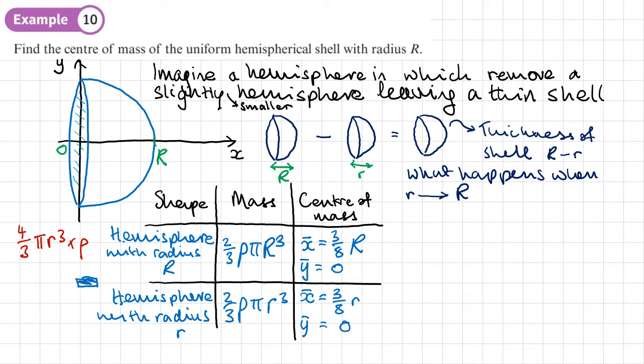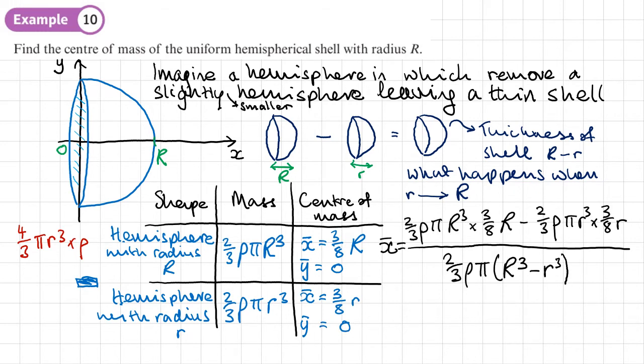Okay, so now for the center of mass x bar, we're going to do the mass times the center of mass of the outer hemisphere minus the mass times the center of mass of the inner hemisphere, divided by the masses subtracted.